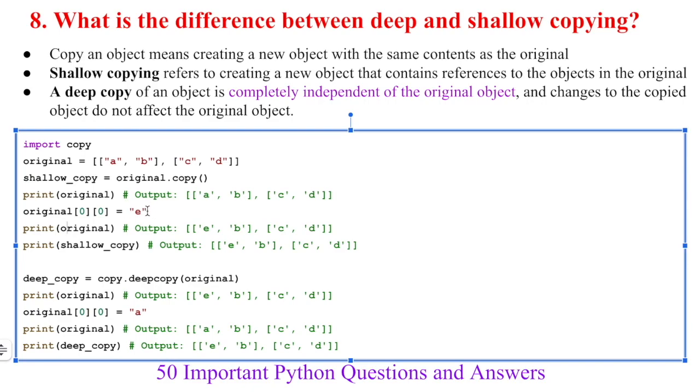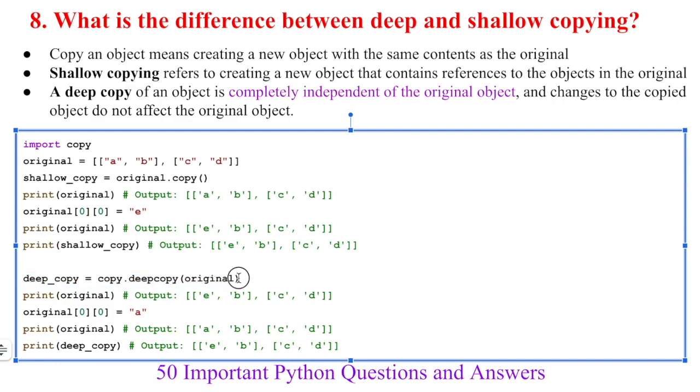So now, say for example, we replace the first A with E, now the original copy is E B C D in place of A B C D. Next, the deep copy of the original list, on the other hand, creates a completely independent list.